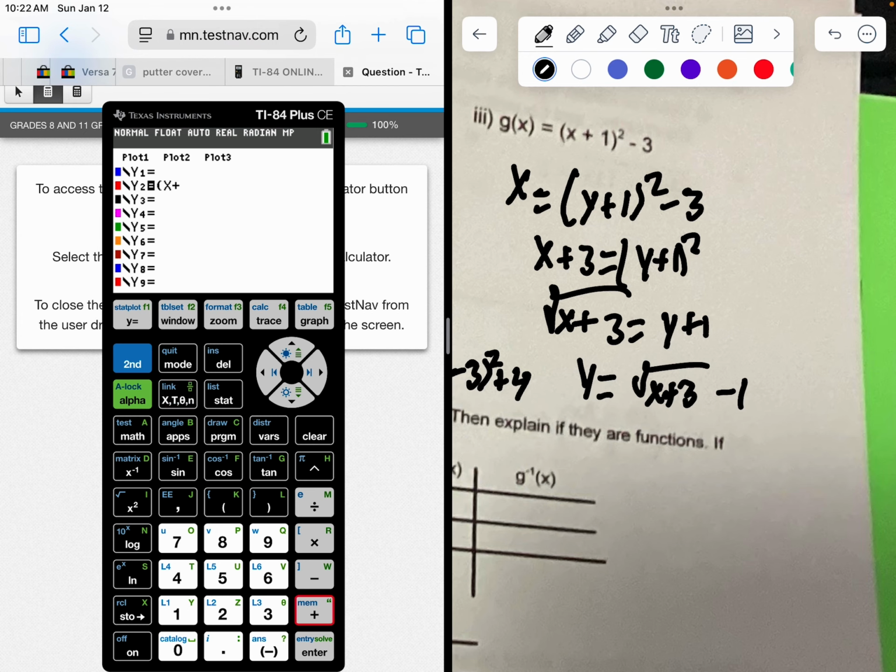x plus 1 squared minus 3. Second, square root of x plus 3 minus 1. Graph those.